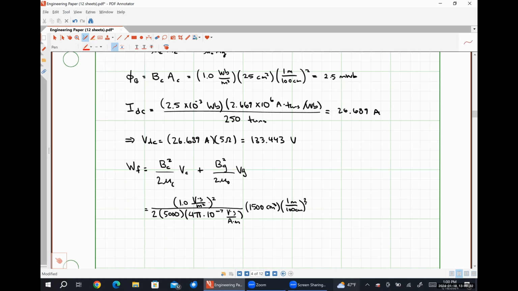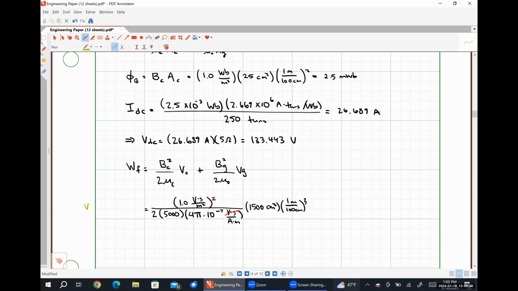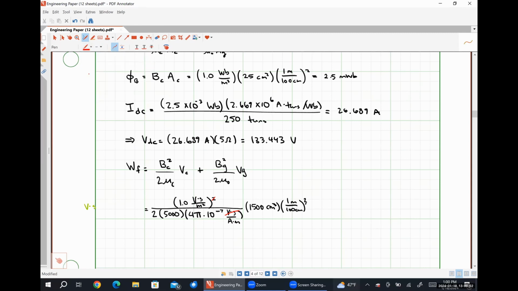So I'm going to have volt squared times second squared divided by volt seconds. So that's going to give me some units of, let me just put them over here, volt seconds in the numerator. These centimeters are going to cancel these centimeters cubed.